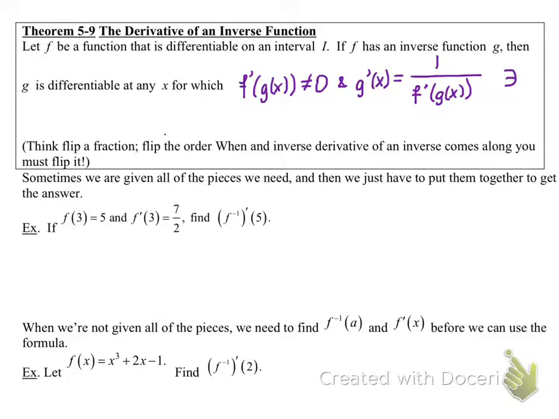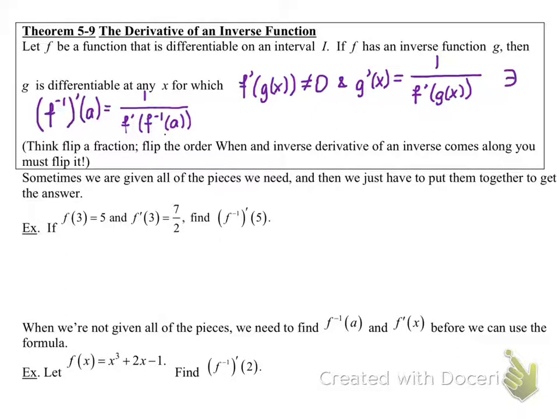So, if g is the inverse of f, you can think of the derivative of that inverse as 1 over the derivative of the original function of g of x. I don't actually like the way that this is articulated, so I'm going to write a different notation here.